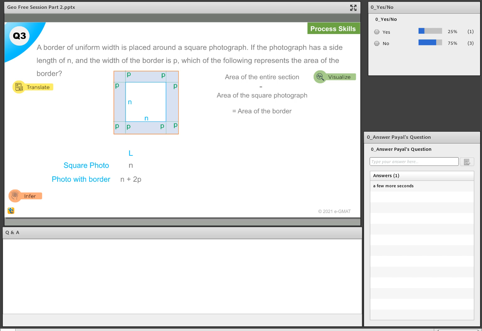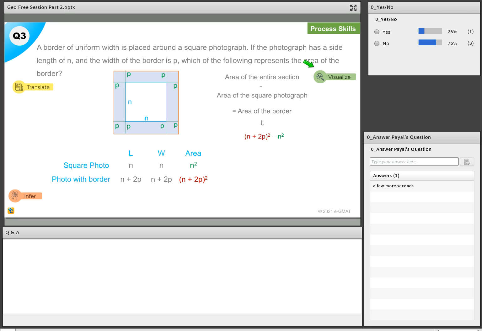Okay, so because the square photo has the length of n, photo with the border, you draw that inference that's going to be what, n plus p, right? That's going to be the length of the outside square. Now, because it's a square, the width is also going to be the same, n plus p. That's going to be the width here, which means that you can easily calculate the area, because what you need is the area. You then calculate the area.